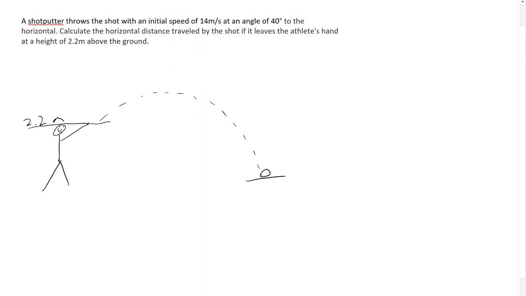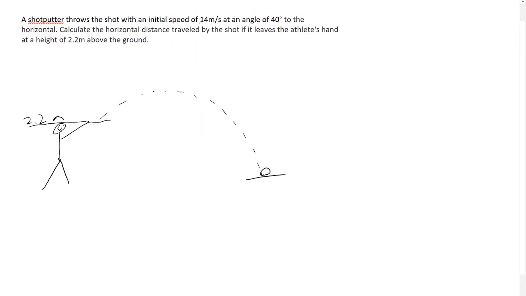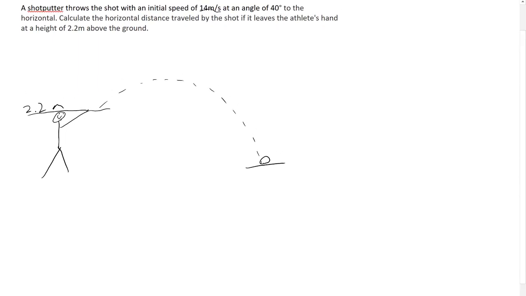So, the first step, notice how it gives us 14 meters per second. Whenever you see that, we should start by drawing the vector diagram for the initial velocity. So this angle is 40 degrees. This is 14 meters per second. And we can also find the components, which are Vix and Viy.